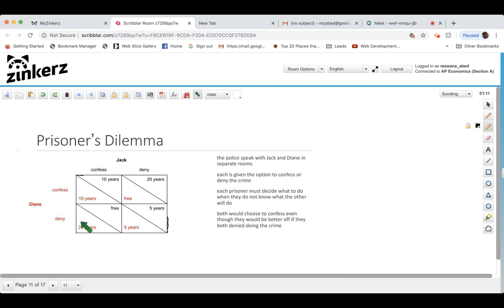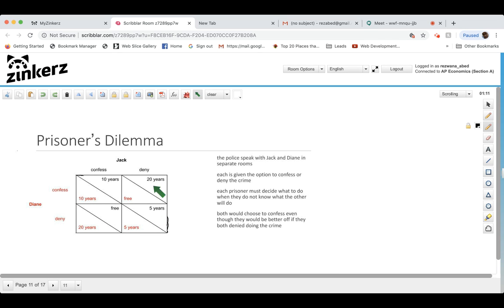In the same way, if Diane denies but Jack confesses, he snitches out and betrays his friend, Diane is going to get 20 years in prison while Jack is going to walk free. But if they both deny, they keep silent and don't say anything to the police, basically they're just cooperating with each other, they're only going to get 5 years in prison.